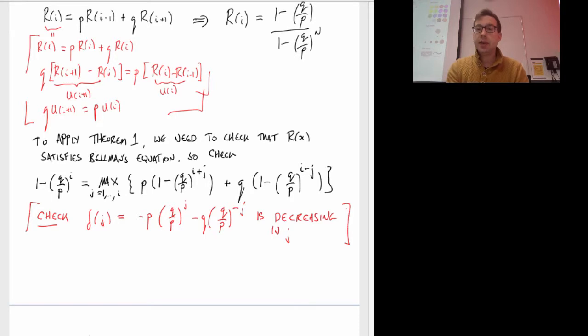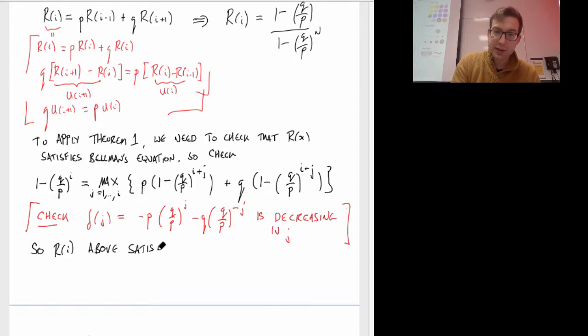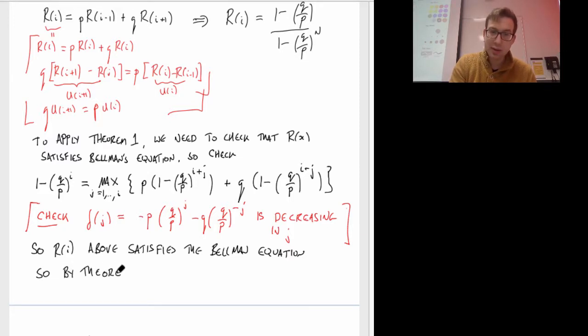So you can say that R of I above satisfies the Bellman equation. So by theorem 1, R of I is optimal.